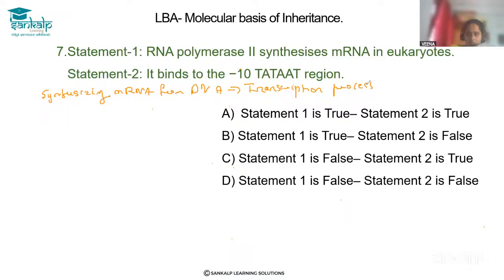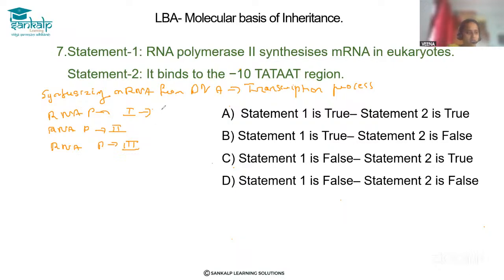In this process again there are three enzymes involved: RNA polymerase 1, RNA polymerase 2, and RNA polymerase 3. So here RNA polymerase is involved.